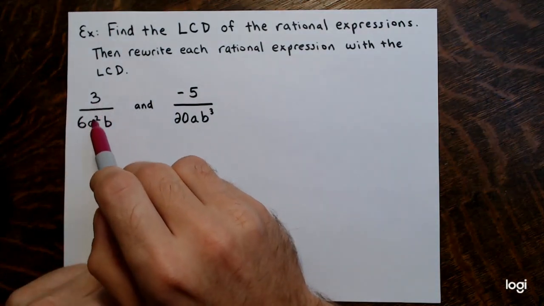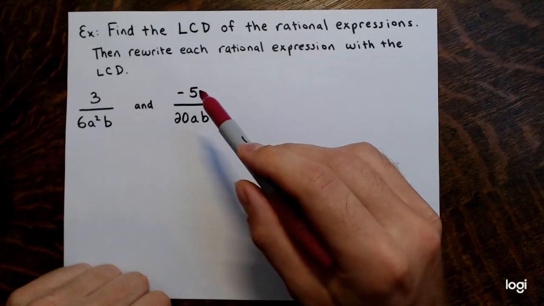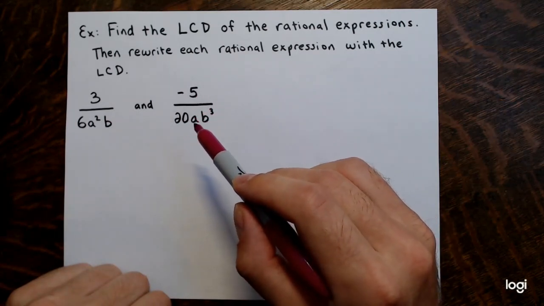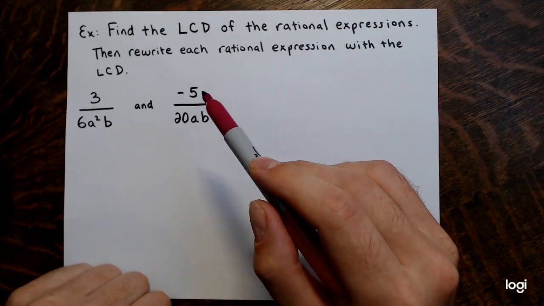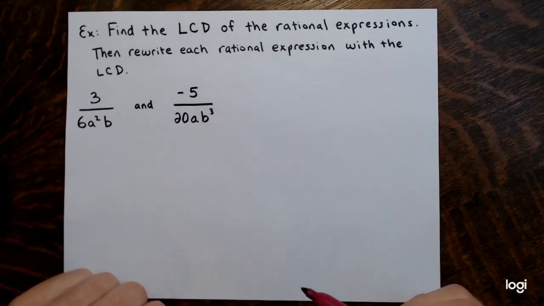We have 3 over 6a squared b, two variables a and b, and this other fraction where the numerator is negative 5 and the denominator is 20ab cubed. So all monomial polynomials, one-term polynomials in the numerators and denominators.